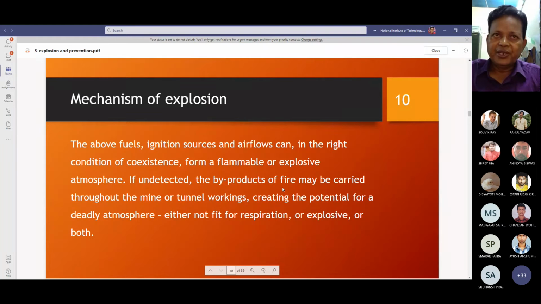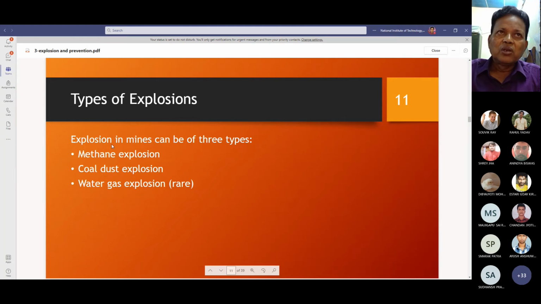If undetected, the byproducts of fire may be carried throughout the mine or tunnel workings, creating the potential for a deadly atmosphere, either not fit for respiration or explosive or both. There are three types of explosion we have seen: methane explosion, coal dust explosion, and another type we have not discussed, which is very rare, water gas explosion.